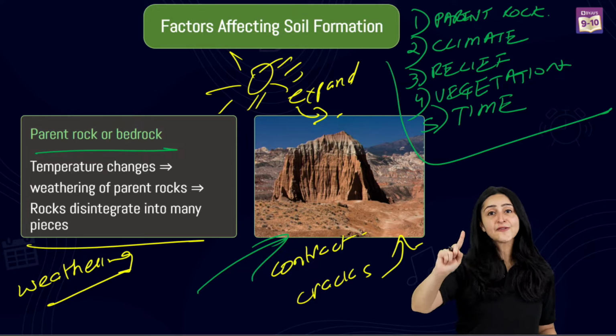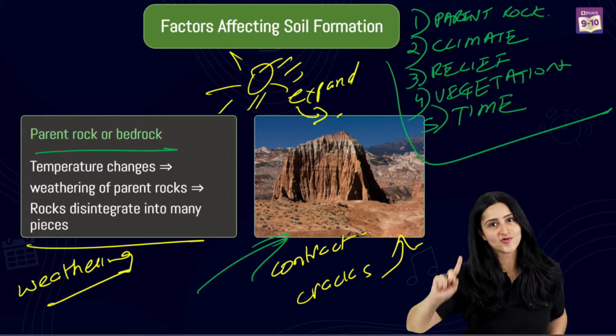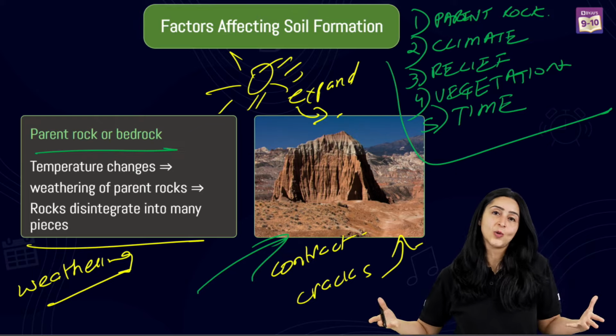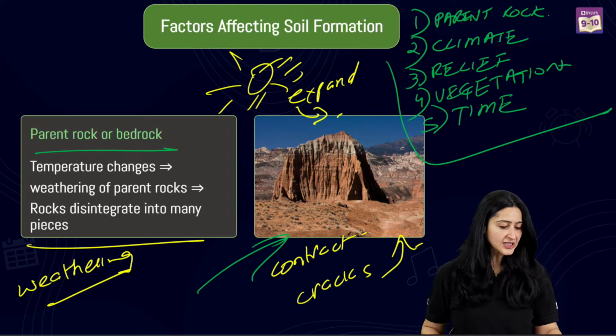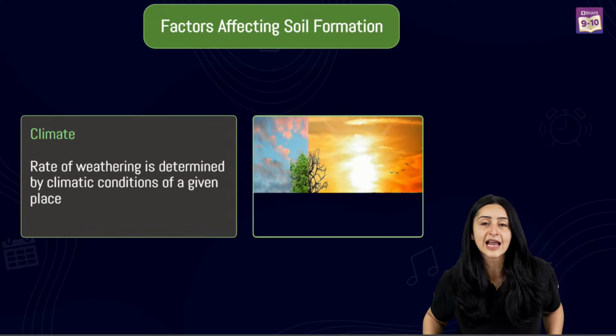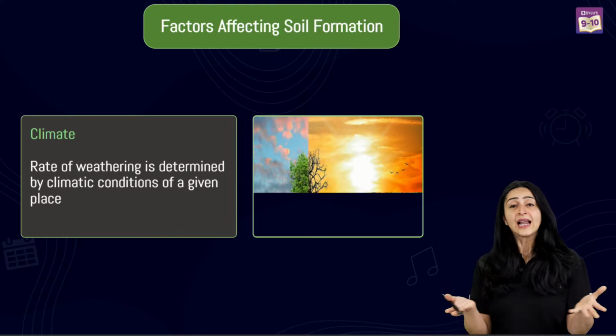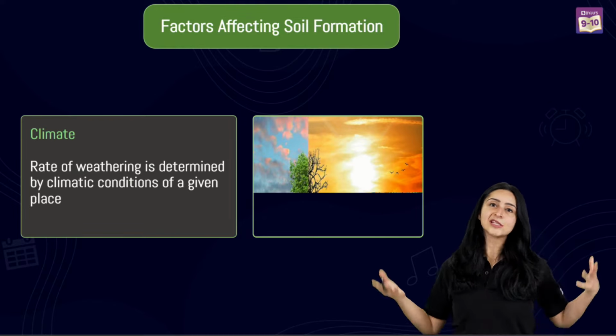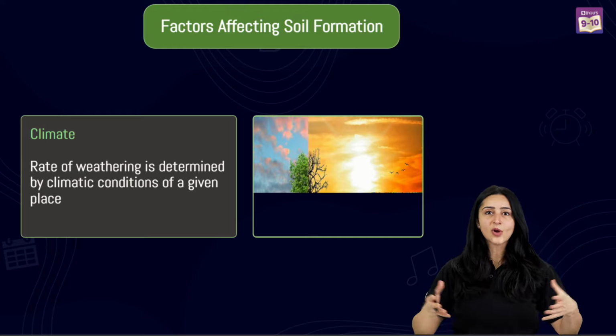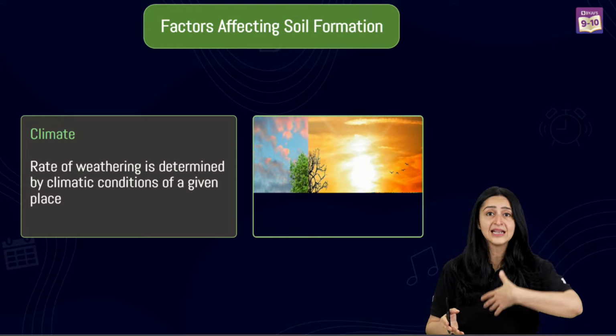So the first factor, as we spoke about, is parent rock. That is where we get our soil from, because of the weathering. The next factor that we are going to be talking about is climate. Now, logically, climate is very important. I've told you how temperature changes cause the rock to expand and contract and lead to weathering.